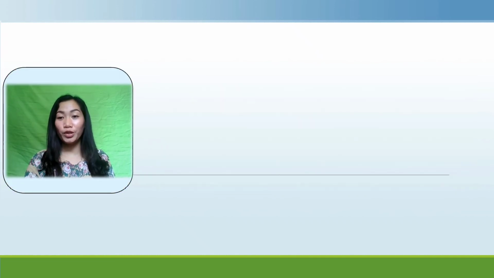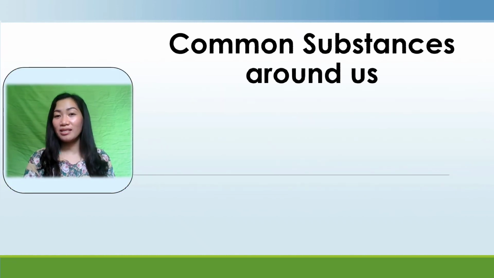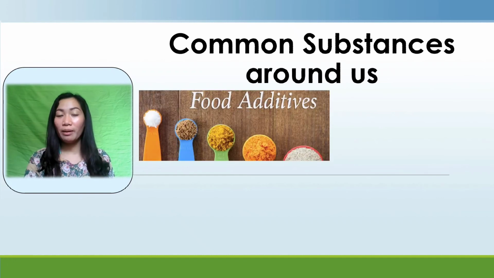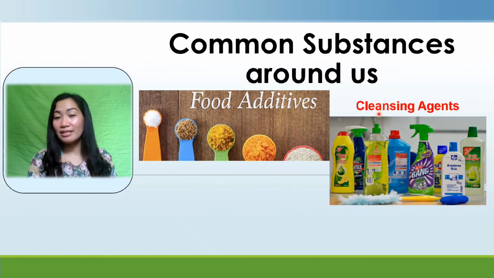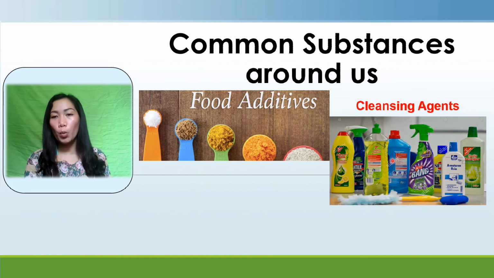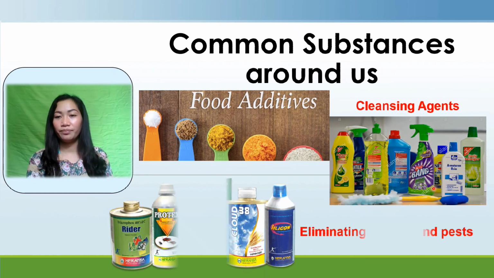Okay, it's wrap-up time. We've learned about the common substances around us. We've learned about the food additives, the food flavoring, the food coloring, and some food preservatives. And we also learned about the cleansing agents: the body cleansing, which is the shampoo and the soap, the dishwashing liquid, and the cleansing agent for the toilet.